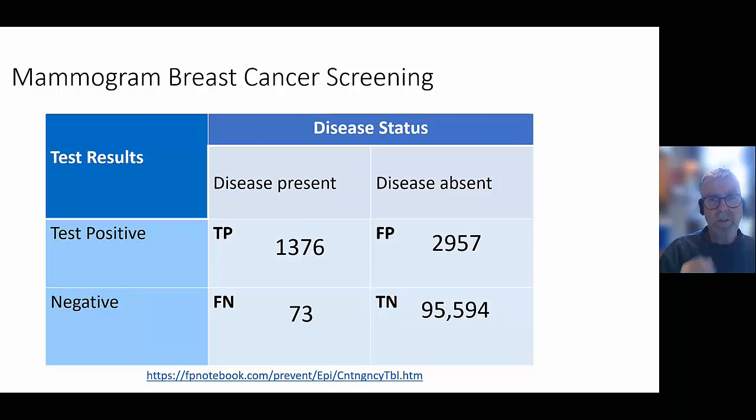The first thing you notice is that out of the roughly 100,000 women tested, the overwhelming majority do not have breast cancer at the time of being screened. Just look here at the disease absent column. The total number of women with breast cancer here is less than 2% of all those tested, so a relatively small proportion as expected.